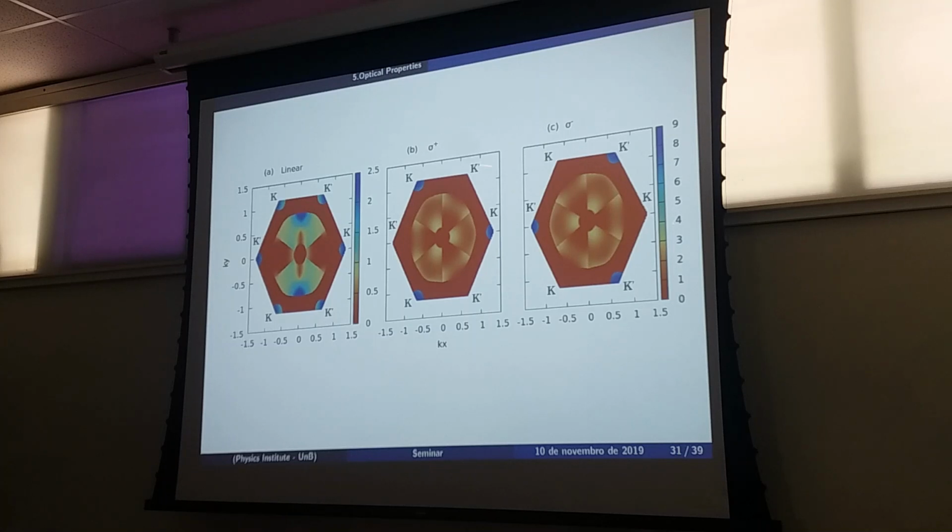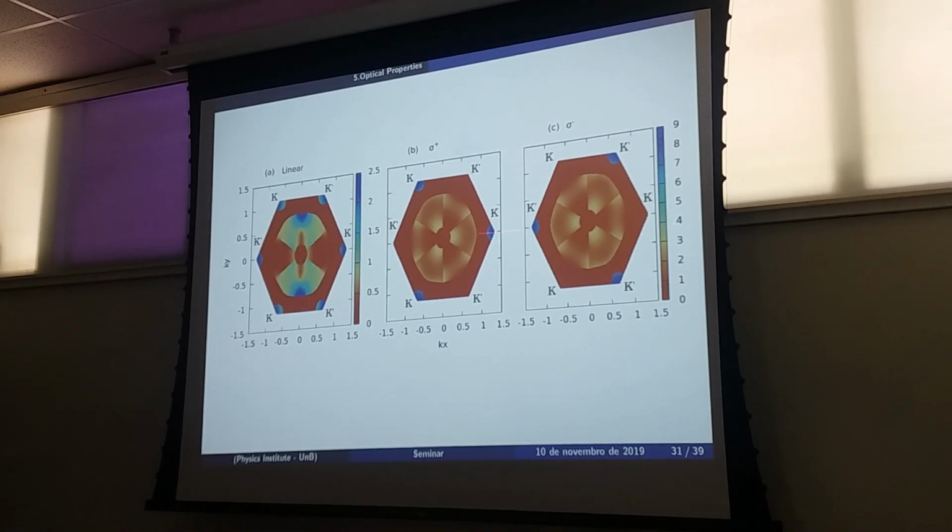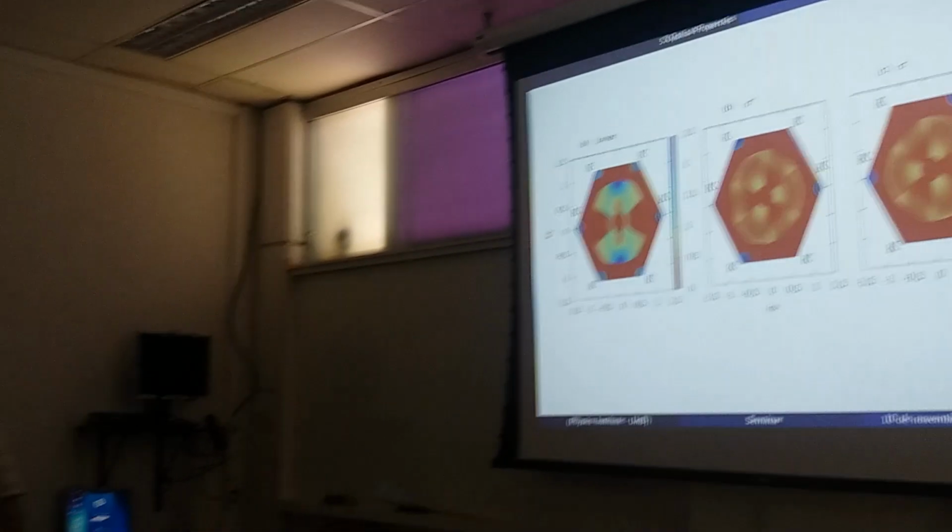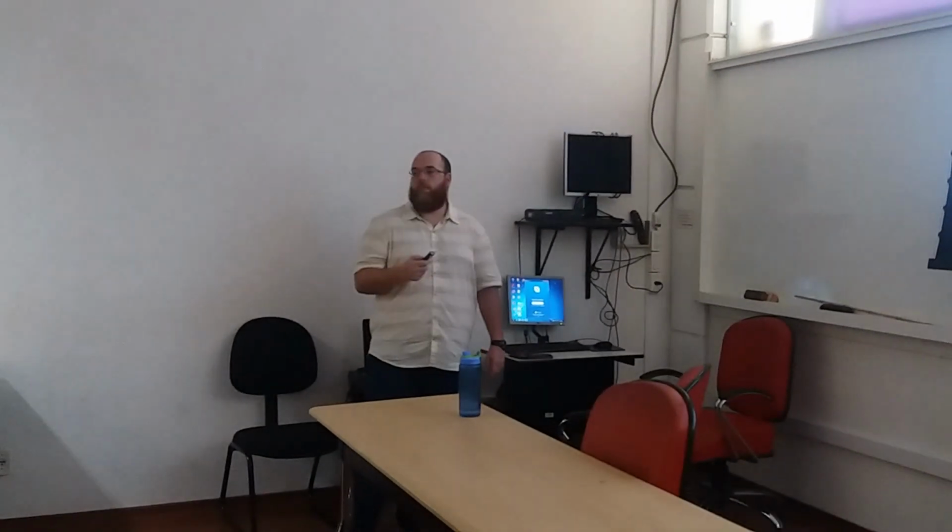So from sigma plus polarization, only the K valley emits light, and from sigma minus, only the K prime valley emits light. And as you can see, basically all optical properties in the material are concentrated around those valleys. That explains why the k.p model provides good results, because the k.p model is focused on those K and K prime valleys alone.